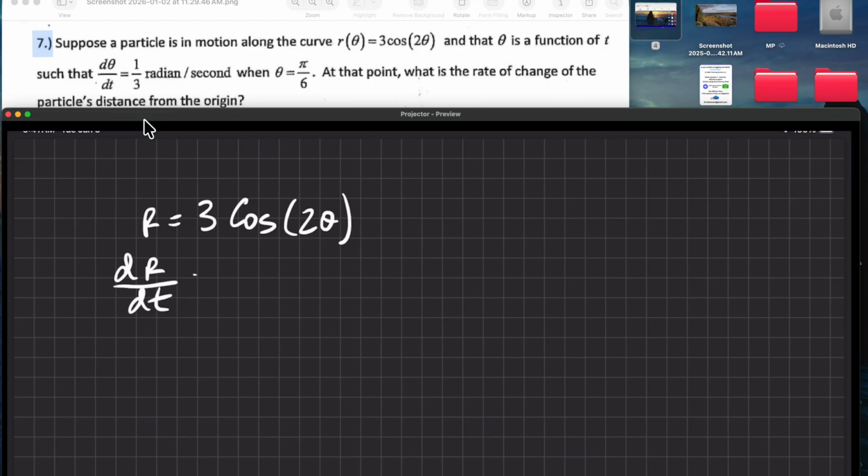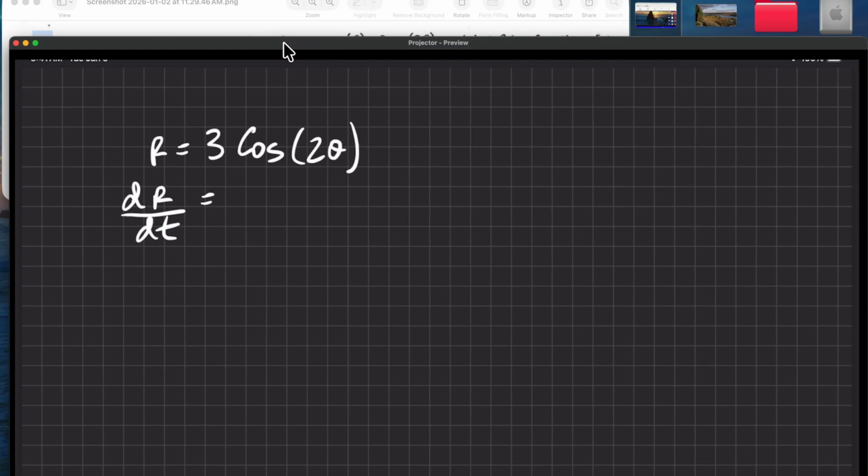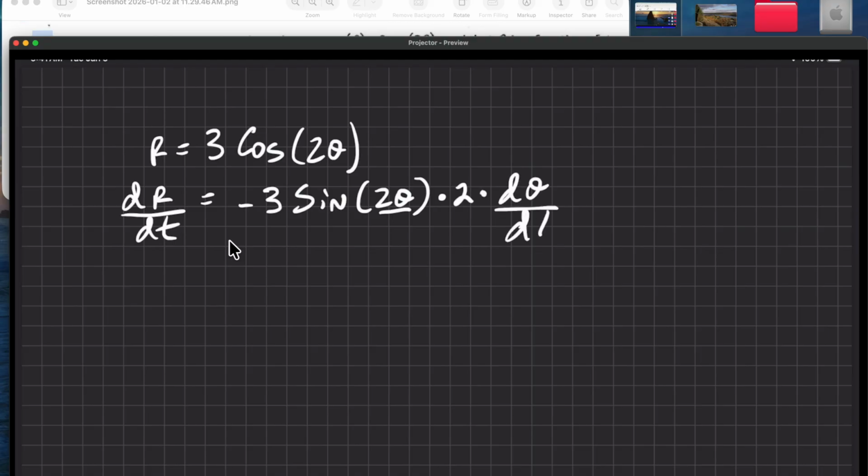Since we only have a theta over here, we can go ahead and differentiate this with respect to t on the opposite side. The derivative of cosine is negative sine, so we're going to have negative 3 sine of 2 theta. Then we're going to do the chain rule, so we're going to have multiplied by 2, and then d theta dt.